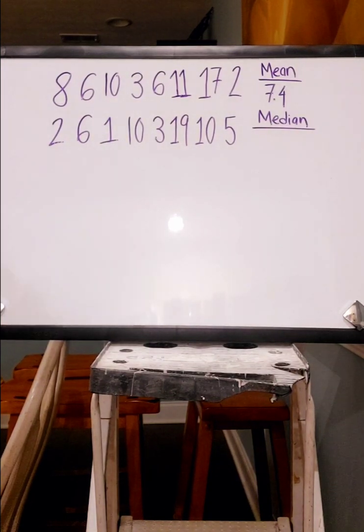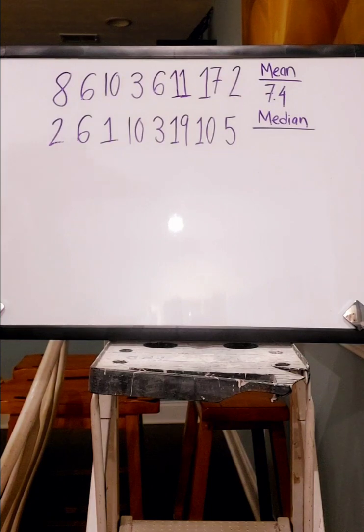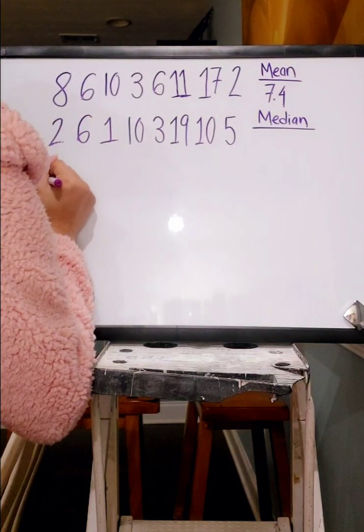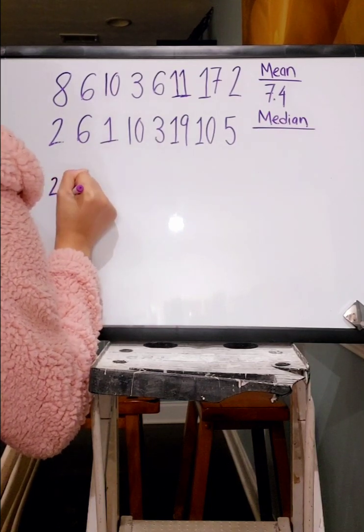So now we are on to finding the median. The first step to finding the median is putting all the numbers in order from least to greatest. That always used to trip me up in the beginning, but now I've got it, so let's do that together. So we have 1, 2 2s.